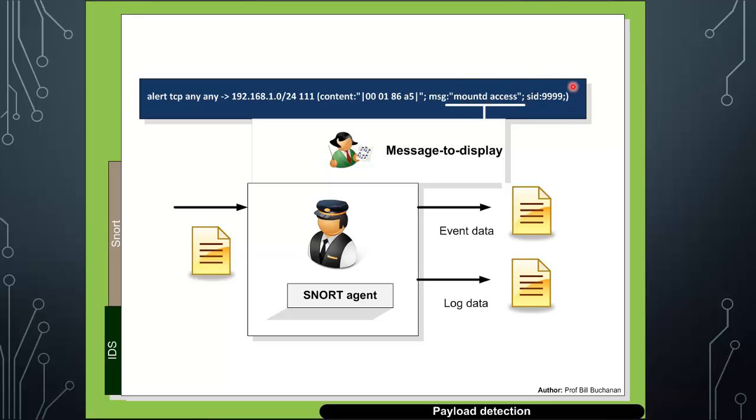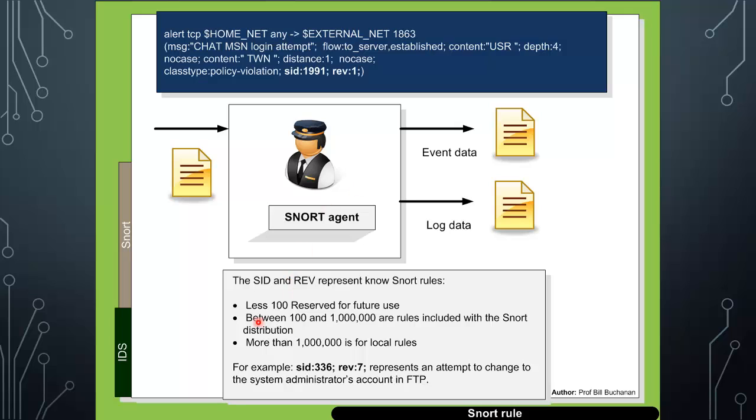At the end, each rule must have its own unique SID. Snort has defined a range of these, so every time a new threat comes out, then they'll give it a new SID with a certain revision number. So for example, SID 336 revision 7 is an attempt for the administrator account on an FTP server.